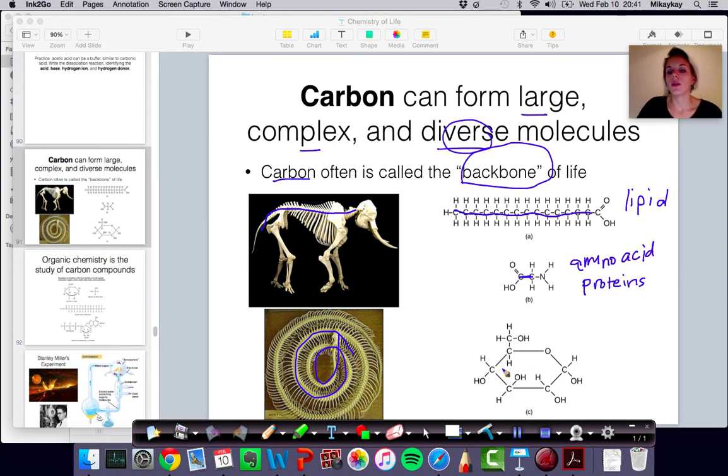And here we have another carbon structure, but it's a carbon ring with an oxygen, and it's making up glucose, which is a carbohydrate. So carbon is really important for all kinds of biological molecules.